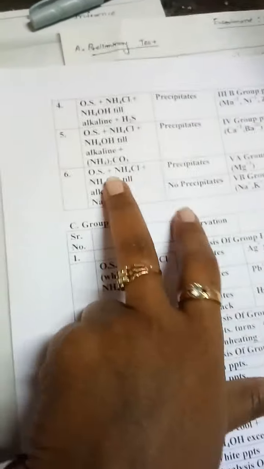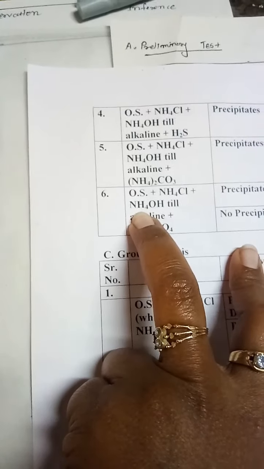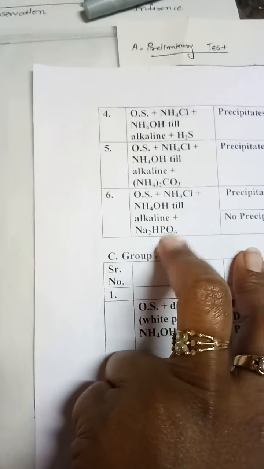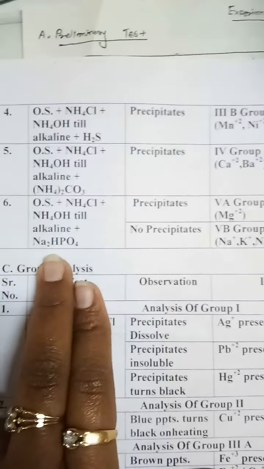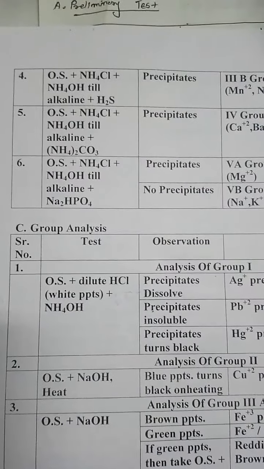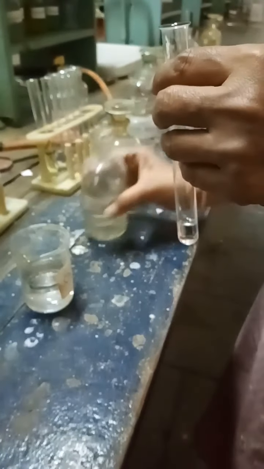And the last test is OS plus NH4Cl plus NH4OH till alkaline, plus you have to add Na2HPO4, that is sodium hydrogen phosphate. So we take a small amount of OS.